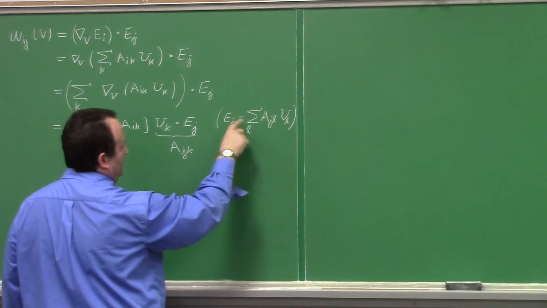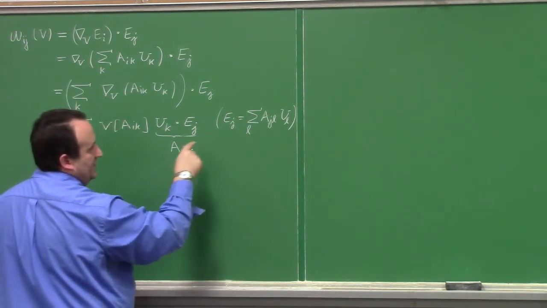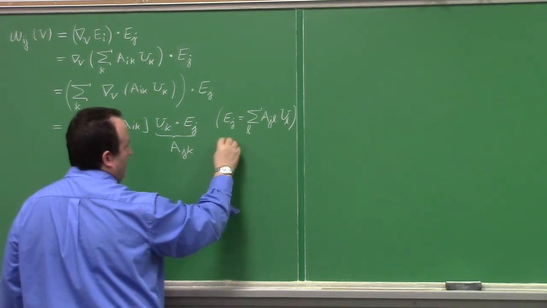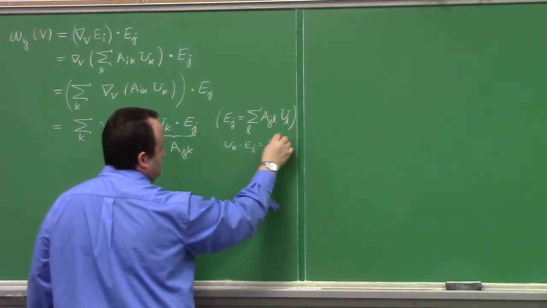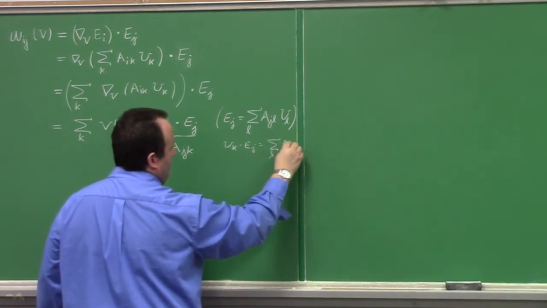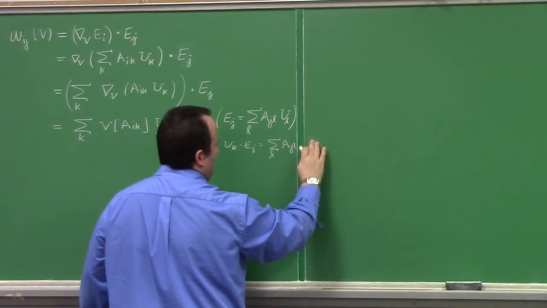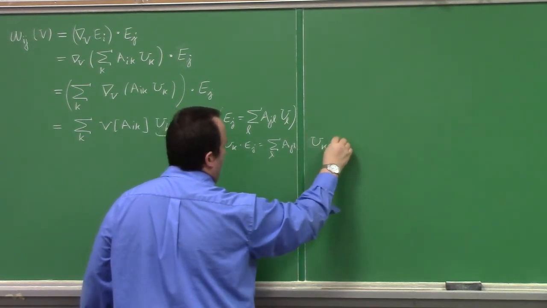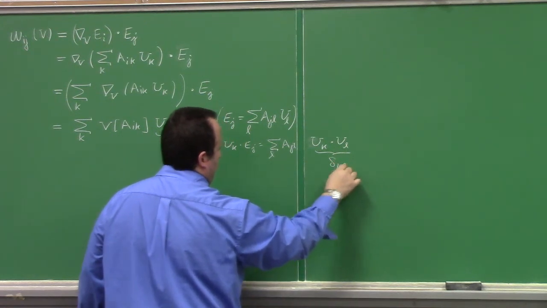If I take the dot product of this formula right here with u_k, what happens is that's the Kronecker delta, kl.